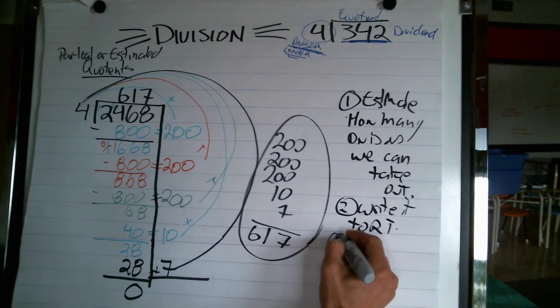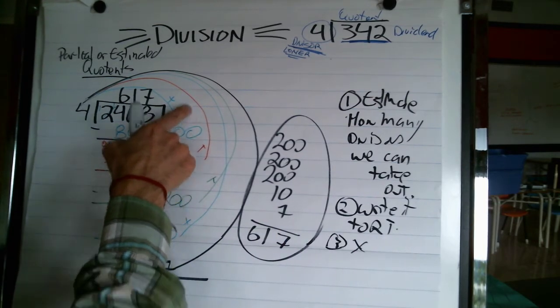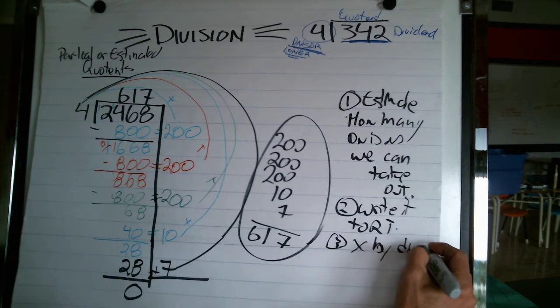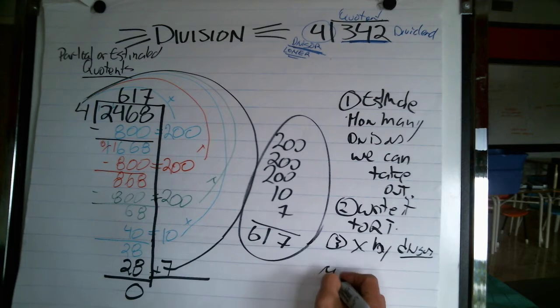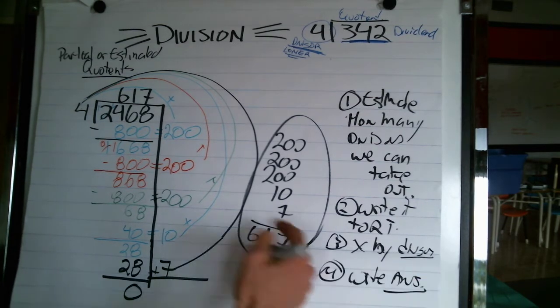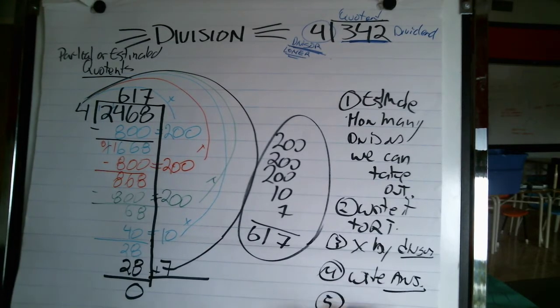Number 3, you multiply your estimation by the divisor. Number 4, you write the answer underneath your total. 5, you subtract to find out how much you have left.